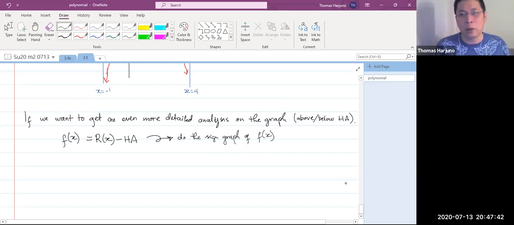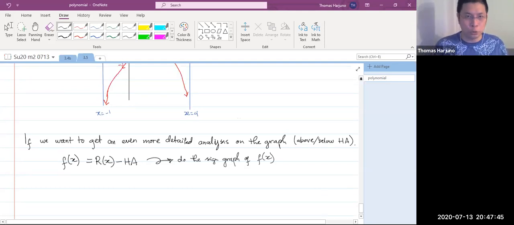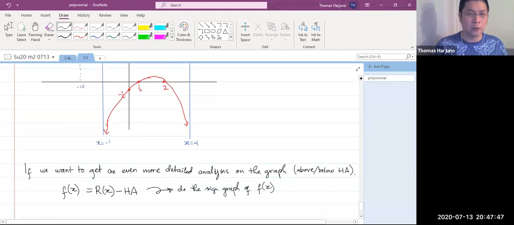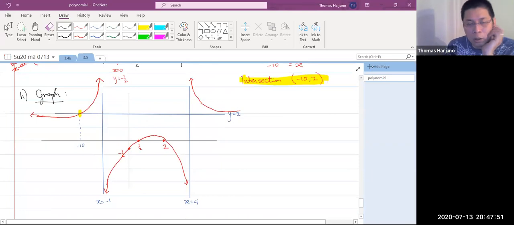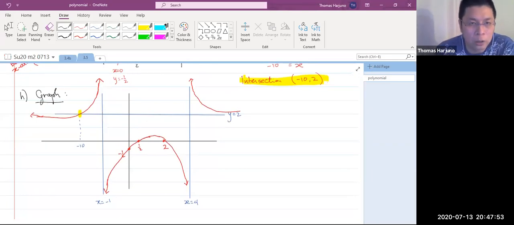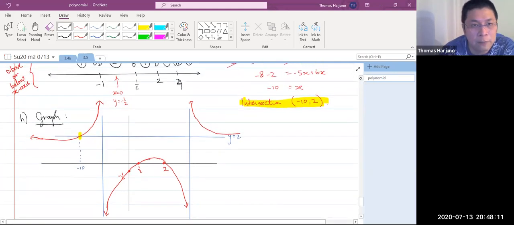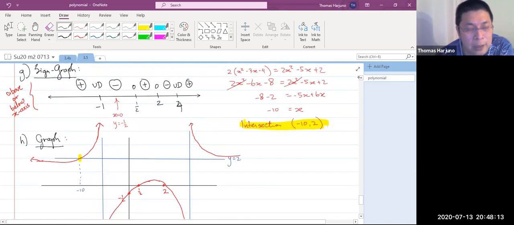But you will see this is actually not necessary. If you think about this a little bit, you should be able to already tell, with what we have right now, which section of that graph, in this case the red color graph, will be above or below the x-axis and above or below the horizontal asymptote. That's actually good enough. The sign graph we have up here is the sign graph above or below the x-axis, right?